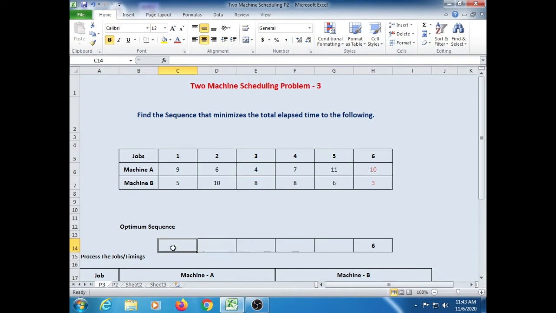This 4 processing time is related to job 3, so we place job 3 from left to right side, because this processing time is related to machine A. Right. So next I am applying the same color to these processing times. We do not take 8 also, like 10. Okay, right.